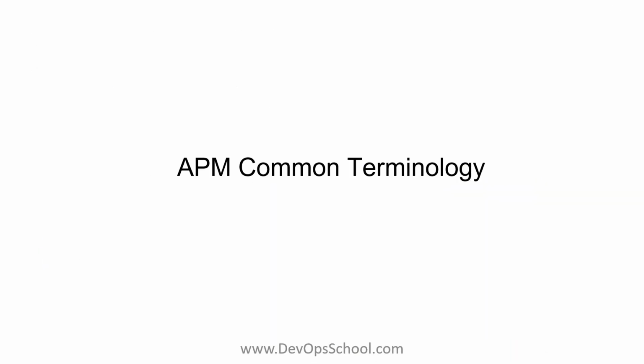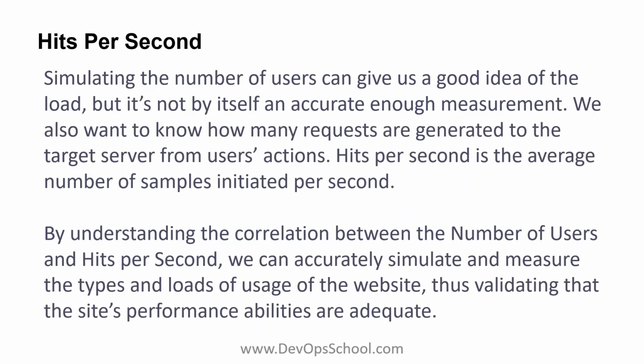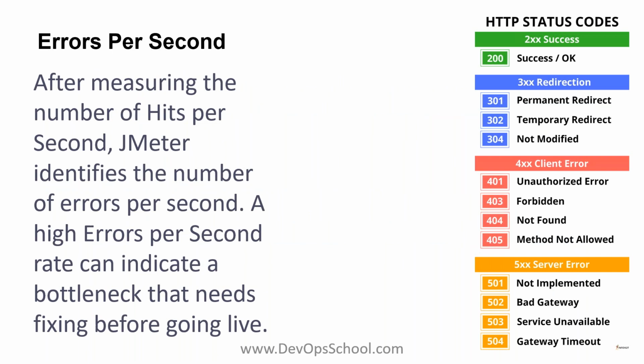Some of the common APM terminology which we use, I think you will understand easily, such as number of users, hits per second, errors per second.